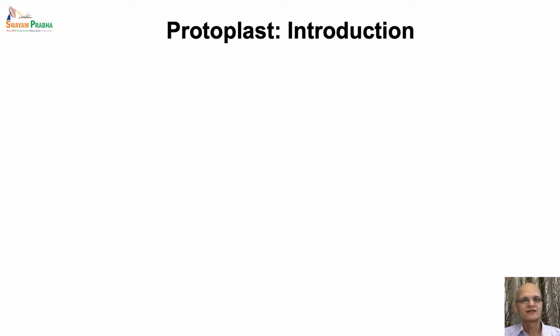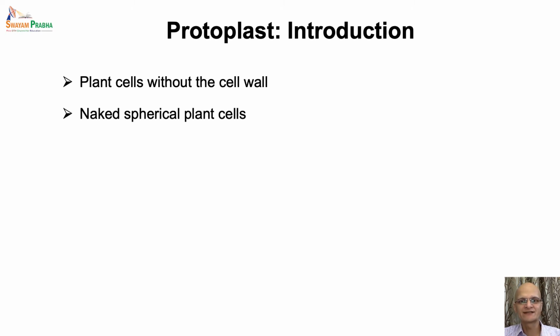So, protoplasts. A plant cell, when stripped of its cell wall, is called a protoplast. These are also called naked plant cells, referring to all the components of the plant cell except the cell wall.